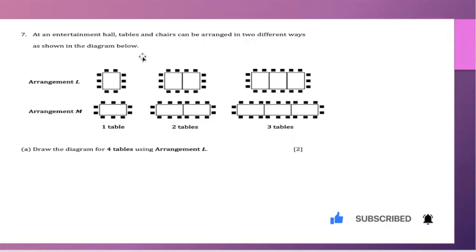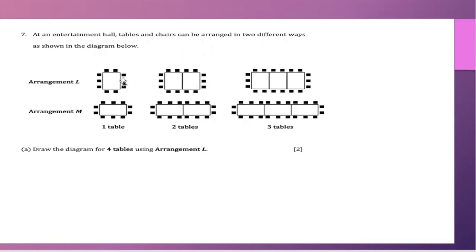So this is arrangement L. This is the first table, and we can see two chairs, three chairs, three chairs. This is the next, where you have two tables, and look at this. For one table you still have two chairs, three, two chairs, two chairs, two chairs, three.